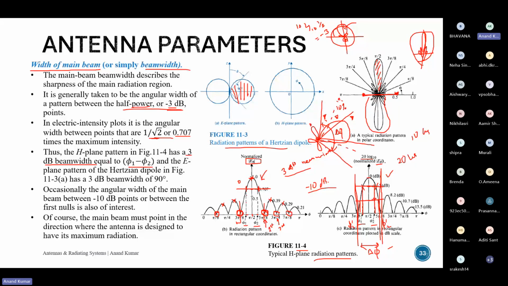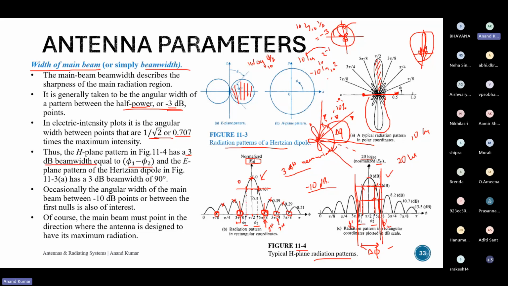There's another question: is half power always 3 dB, a constant? I'm not sure what the question meant. Half power is 10 log base 10 of 0.5, or half. If you solve this, it is 10 log of 10 to the power minus 1, or equivalently minus 10 log 2.